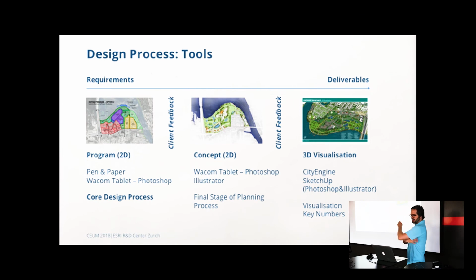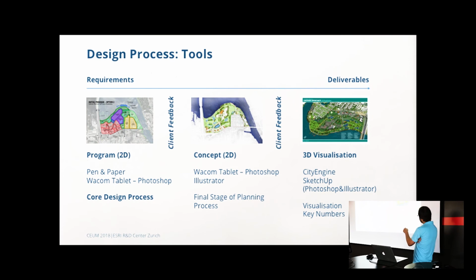So again, this design process and the tools that were used: we have here this initial step, 2D, the program step, the concept step, 2D again. Here is already maybe 80 to 90% of the core urban design process. And then we have the final stage of this planning process when details are refined after client feedback.